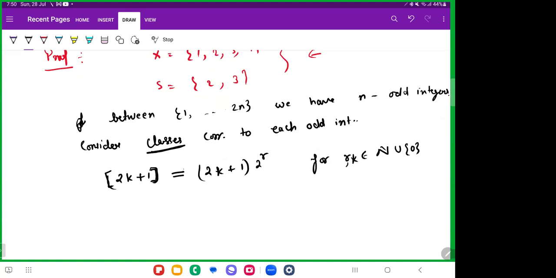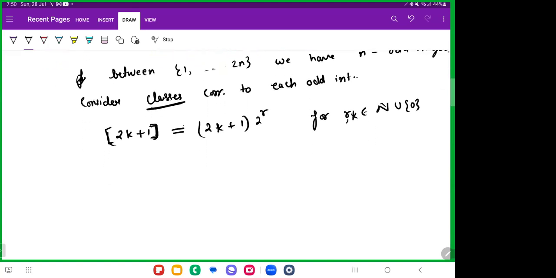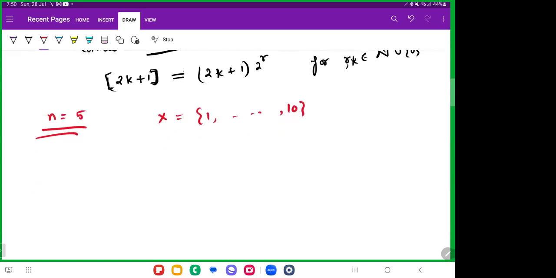Okay, let's do an example, then you will be more clear. Let's take n equals 5. Then we have a 10 cardinality set X, which is 1, 2 up to 10. What will these classes of 2k plus 1 look like? Let's choose first k equals 0. Then this will be 2 times 0 plus 1.